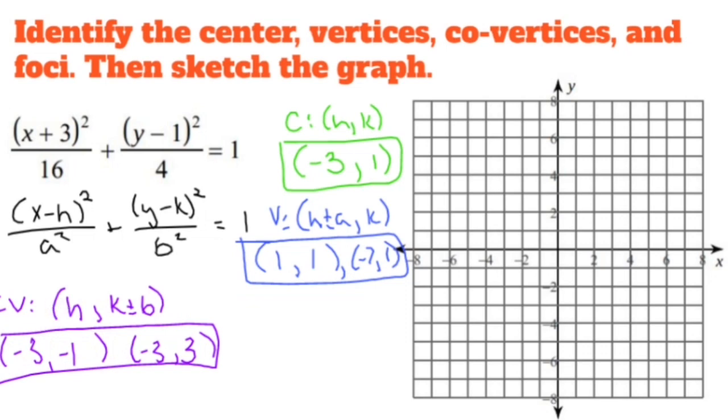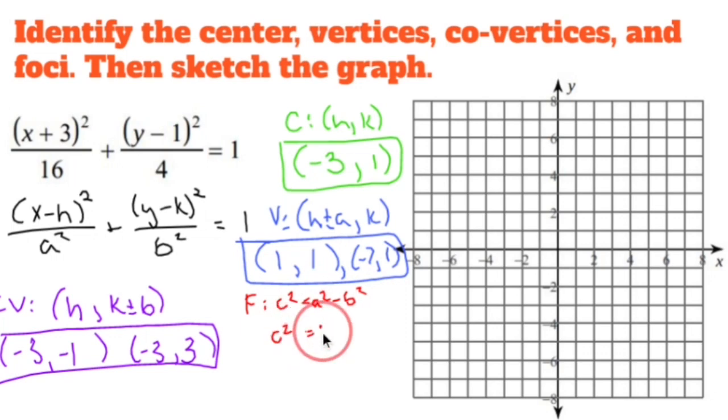Now, the way I find my focus is I need to come up with a c, and I'm looking at what color I didn't use, red. The way you find a c for your focus is going to be c squared equals a squared minus b squared. Now I know that a squared is 16.